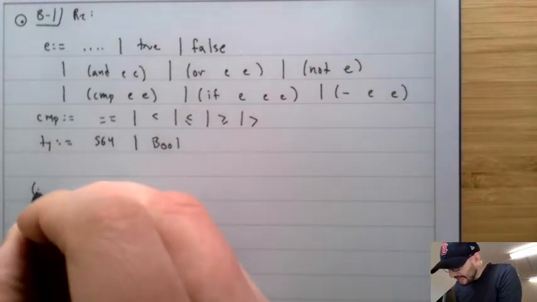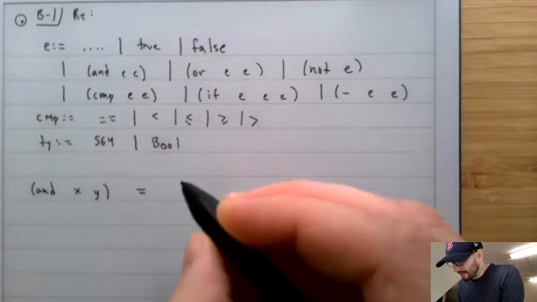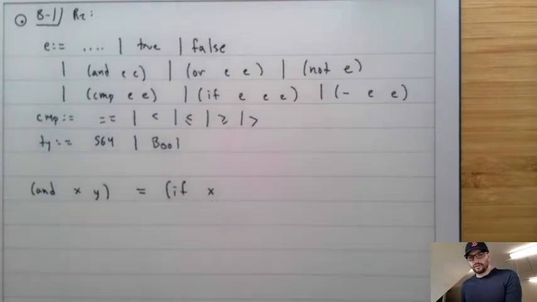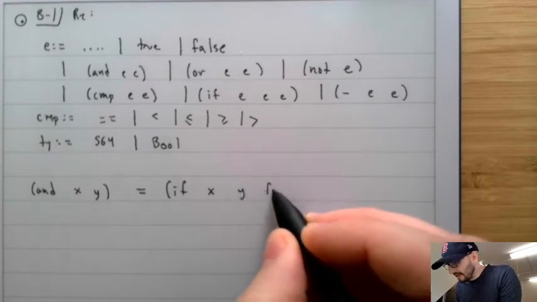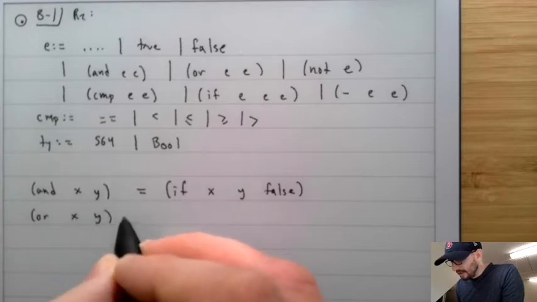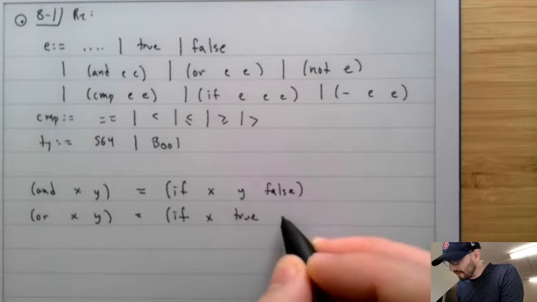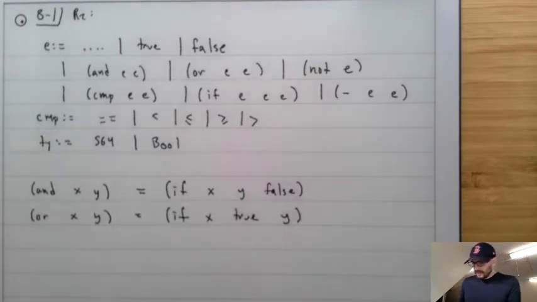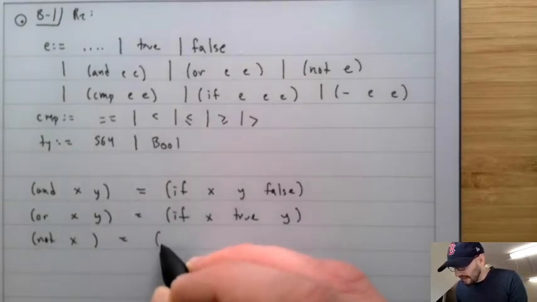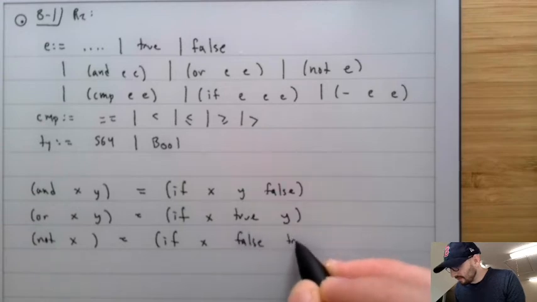I mean that and x y is always the same as if x, then return y, otherwise return false. And or x y is always the same as if x is true, then return true, otherwise return y. And not x is always the same as if x, false, true.